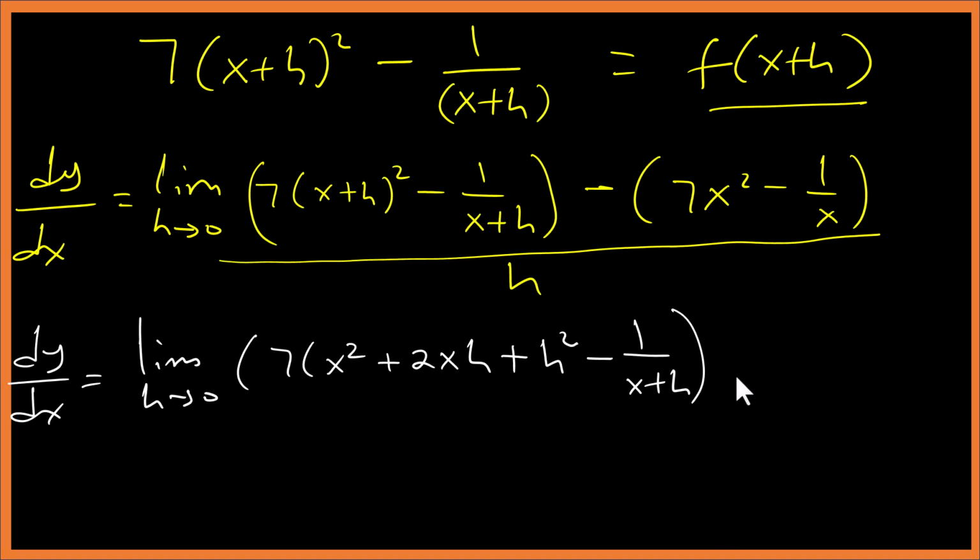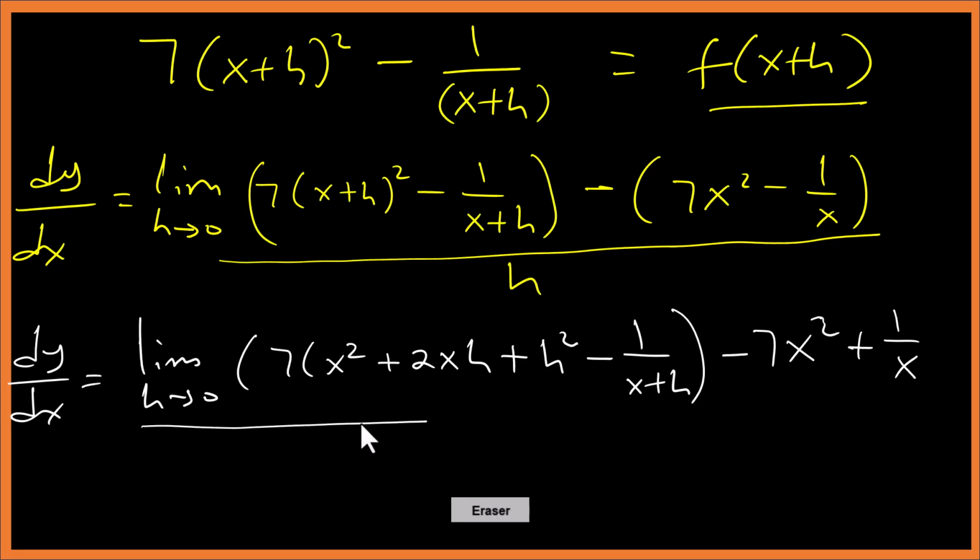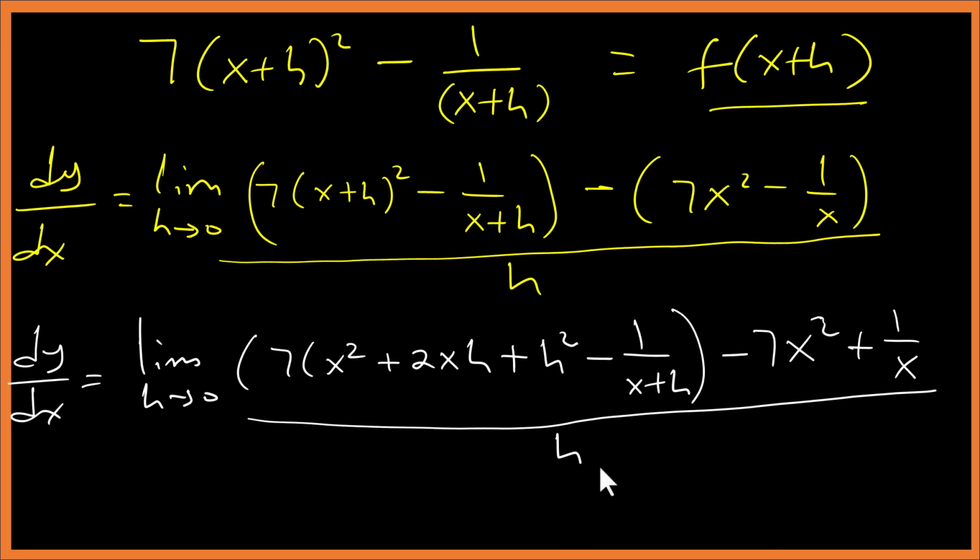So let's open this: minus 7x squared, then plus 1 over x, all over h. Very important.